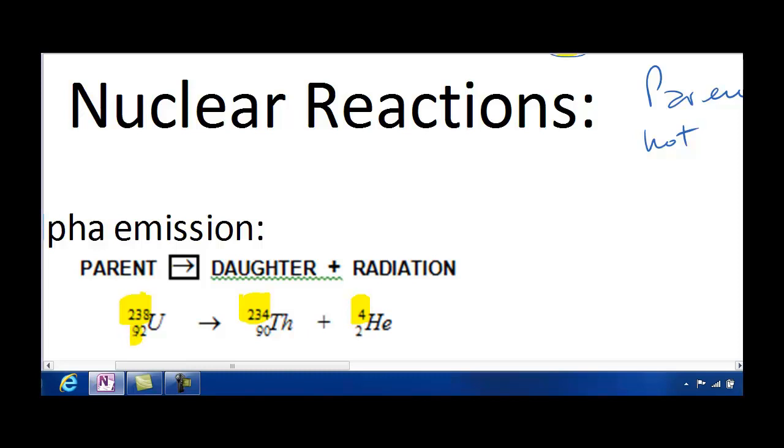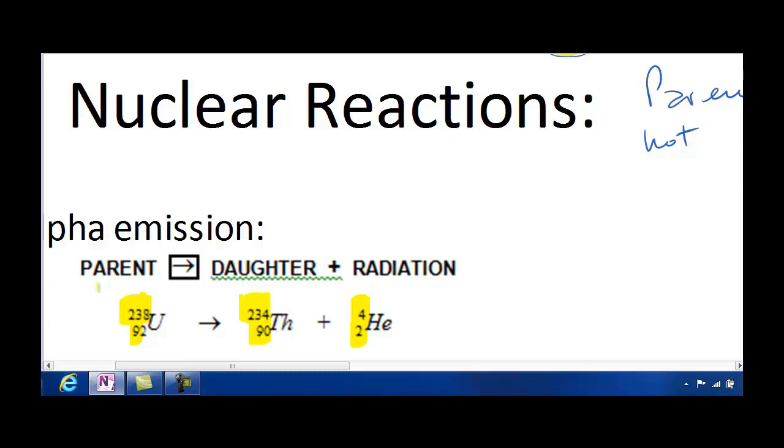If it's uranium, it must be 92. There's many different types of uranium. It so happens that 238 is hot. But if it's uranium, it's 92. And if it's emitting alpha, this is out of the nucleus. 2 protons are gone. So how many are left? 90 are left. Are you with me?